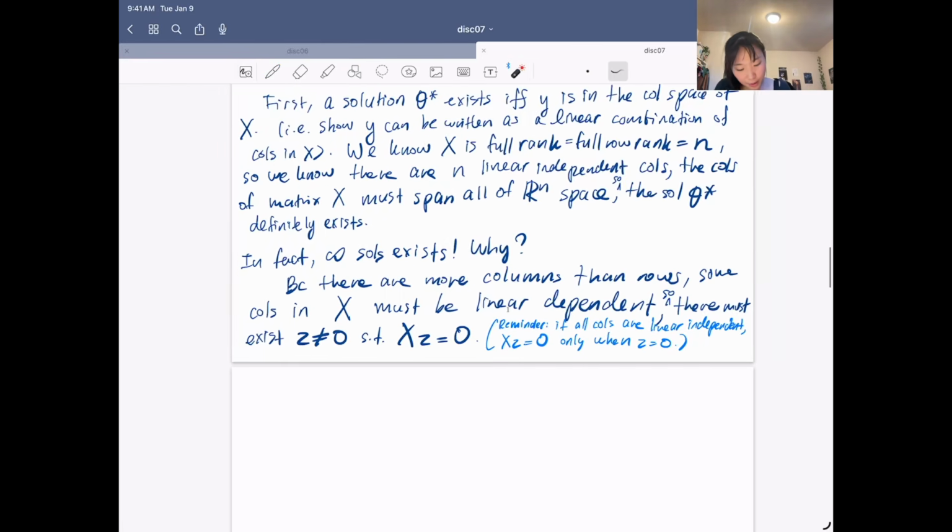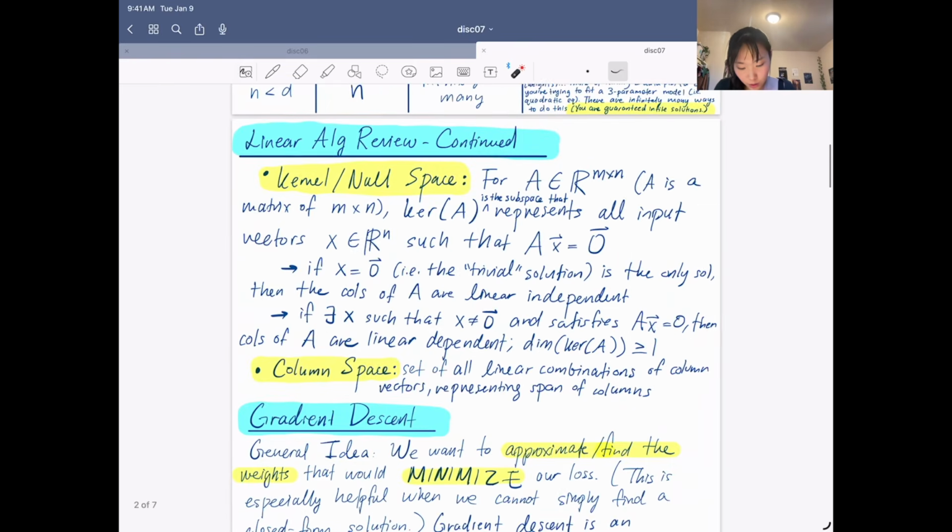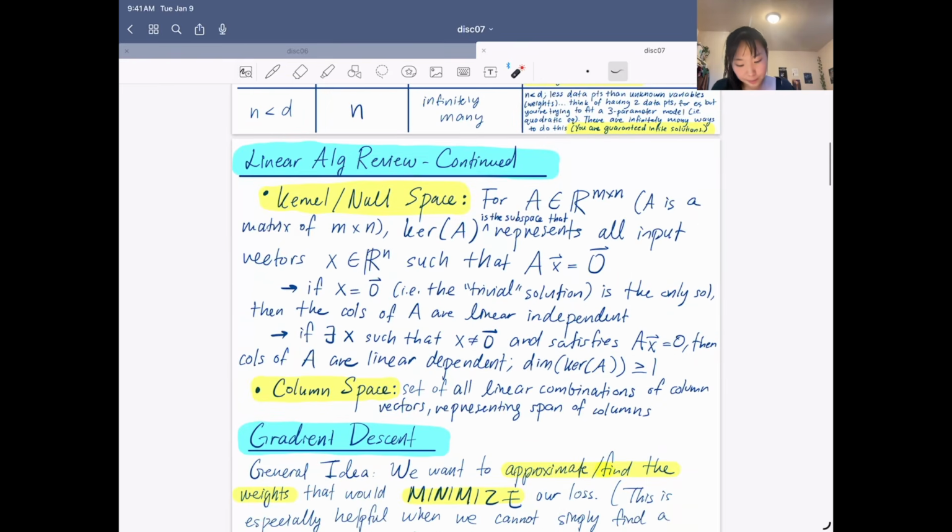However, now we know that the columns in X must have some linear dependency, just because there are a lot of columns compared to the number of rows needed to take up the span of Rn space. Then there must also be some vector z that's not equal to 0 that still manages to map to 0. And this is our whole null space idea, right?